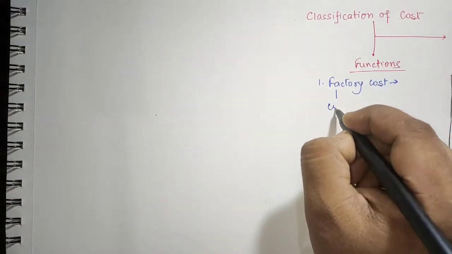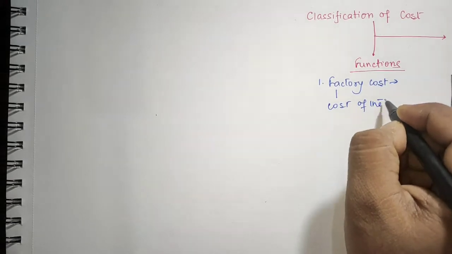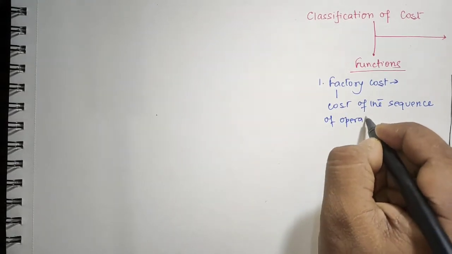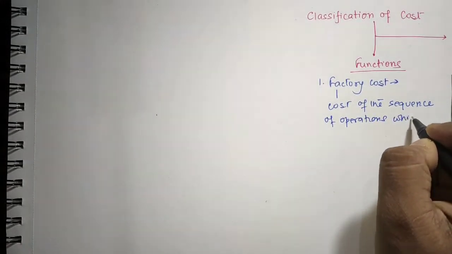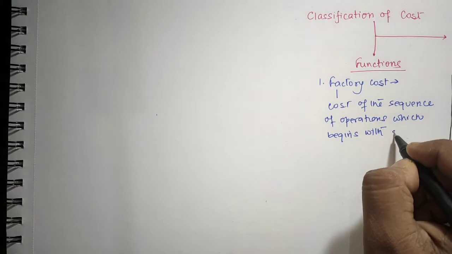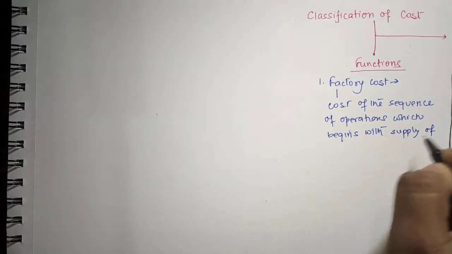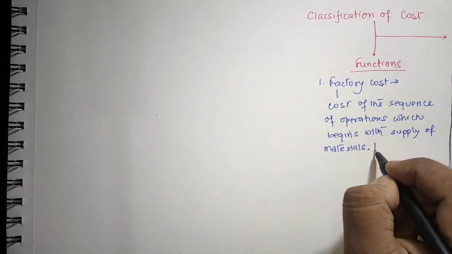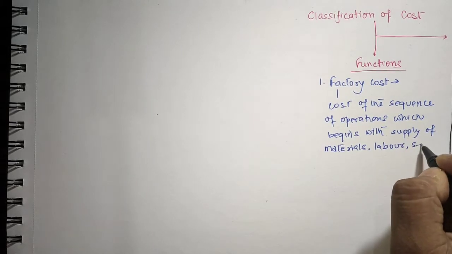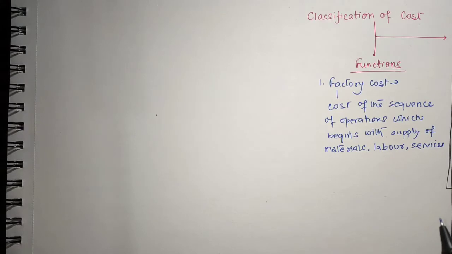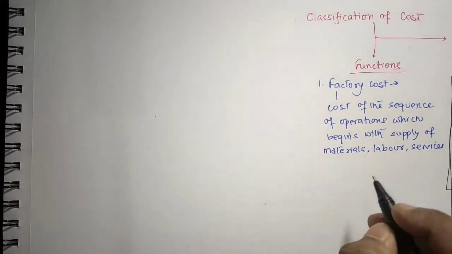This type of cost is factory cost because all the direct expenses, labor and overhead are connected with it.